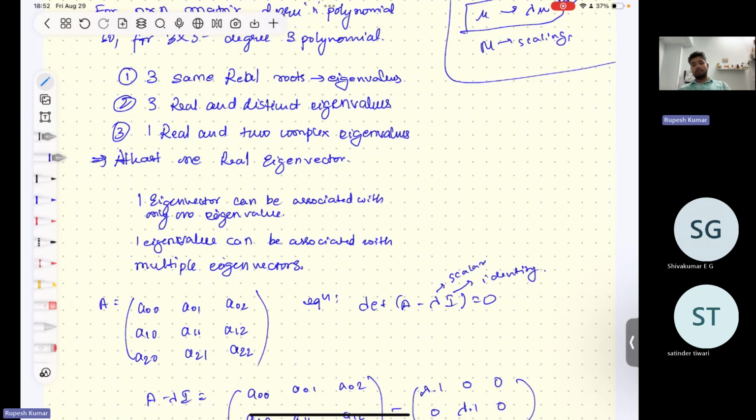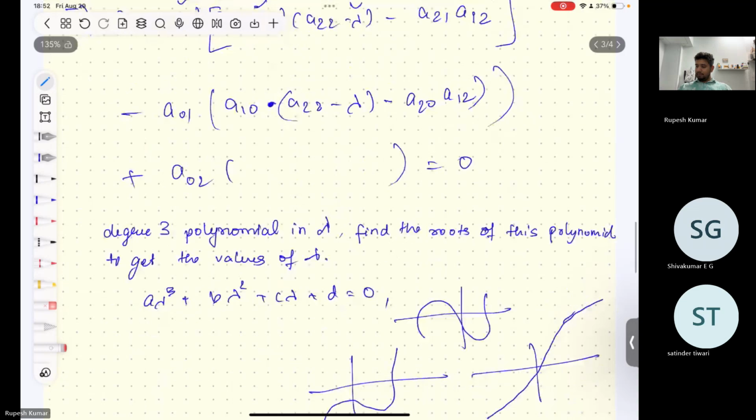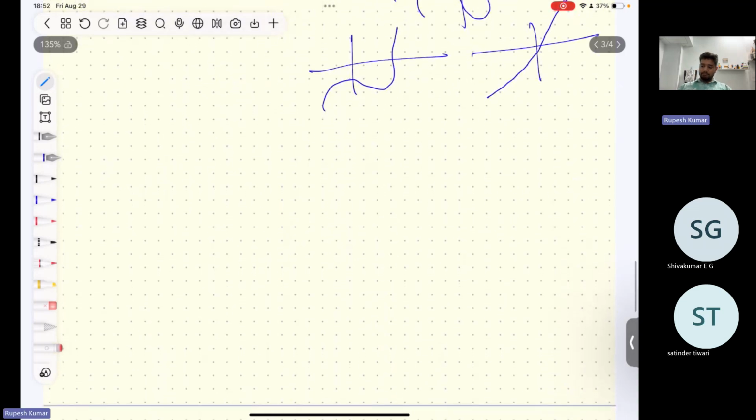Eigenvalues can be associated with multiple eigenvectors, right? For example, take the identity matrix, 1 0 0, 0 1 0, 0 0 1. Let's take a very basic example and try to find the eigenvalues of the identity matrix.